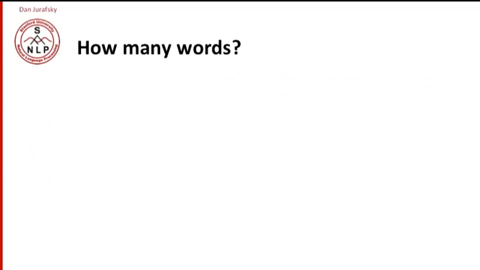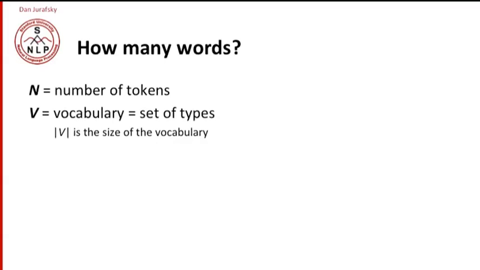In general, we're going to be referring to the number of tokens, which comes up whenever we're counting things with capital N. And we'll use capital V to mean the vocabulary, the set of different types. And we'll use set notation, so the cardinality of the set V is the size of the vocabulary, although sometimes for simplification we'll just use capital V to mean the vocabulary size when it's not ambiguous.